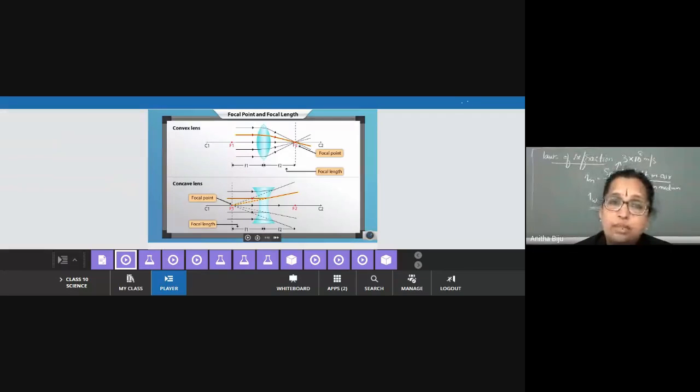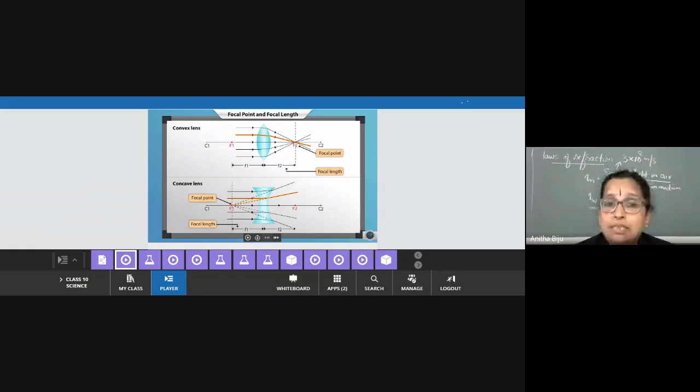So how to answer the question? In a simple way, you can say that in the case of a convex lens, after refraction, the refracted rays actually meet at a point on the other side of the lens, and it is the focal point of the convex lens.